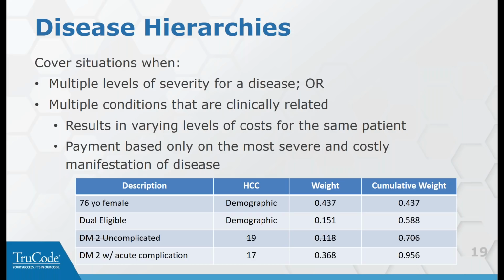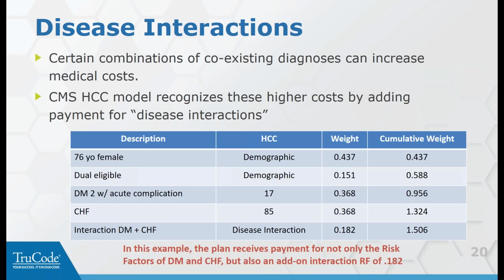That's where the hierarchy comes into play, because the payment is going to be based only on the most severe and costly manifestation of that disease. In the disease interaction area, again, certain combinations can increase the cost, and so they give an extra adjustment factor for that disease interaction.